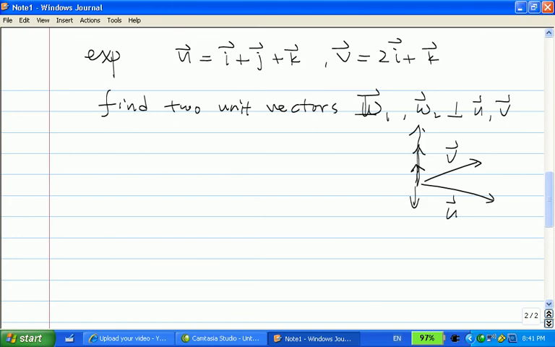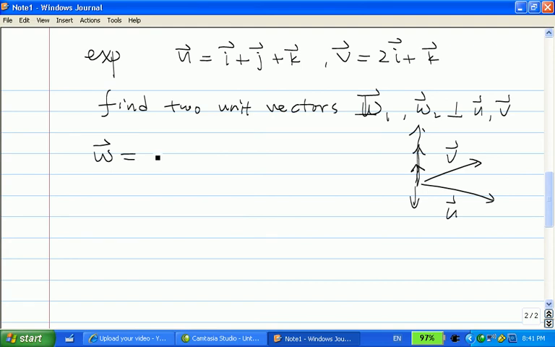Okay. So before we find W1 and W2, first we just find any vector perpendicular to both U and V. So I give you U and V. How do you find a third one perpendicular to both of them? That's exactly the application of the cross product.